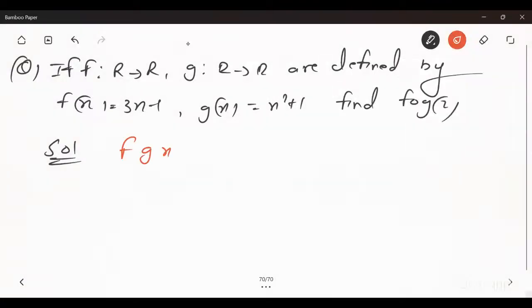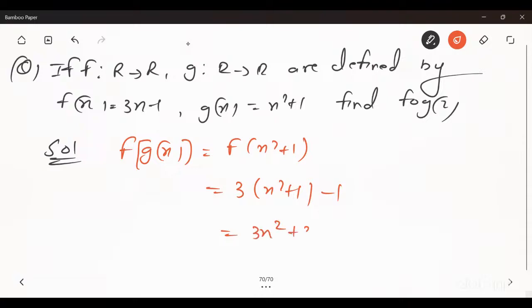f of g of x means f of x square plus 1. So 3 into x square plus 1 minus 1. So 3x square plus 3 minus 1. So 3x square plus 2 will be the value of f of g of x. Now in place of x you have to put 2.